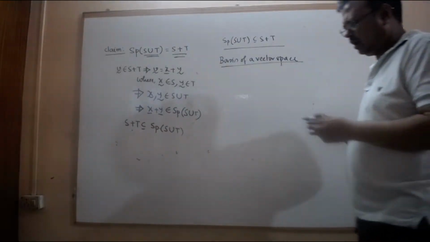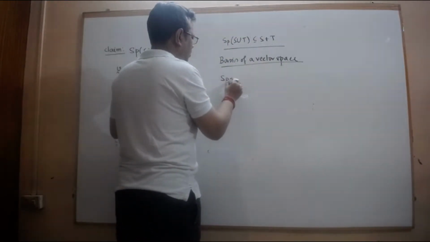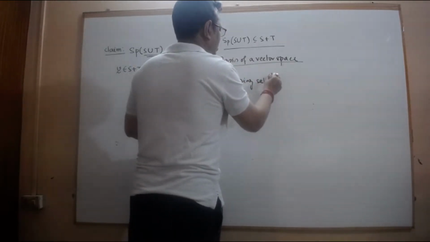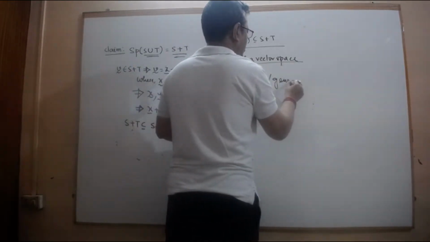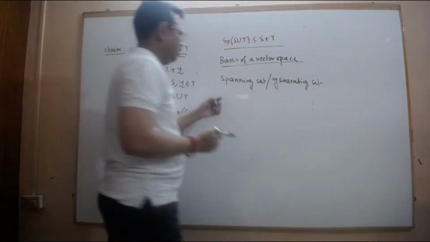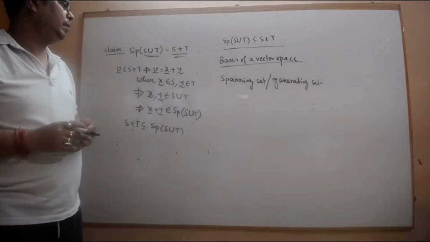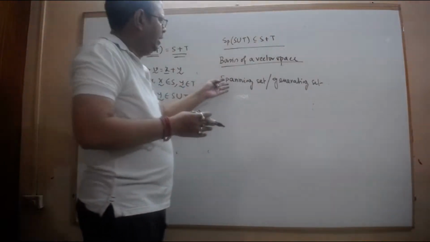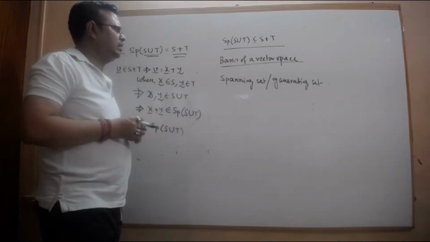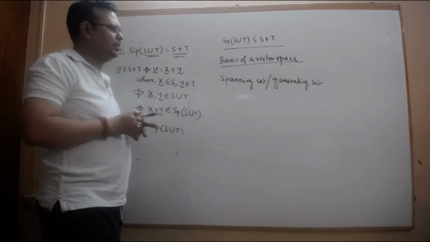So we know the spanning set or generating set. I denote this set by capital A. Basically, if you take linear combinations of the elements of this set, this gives a linear span which is a subspace.